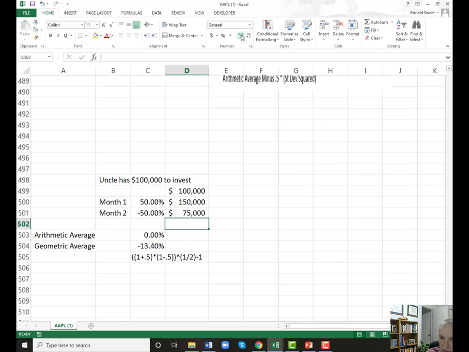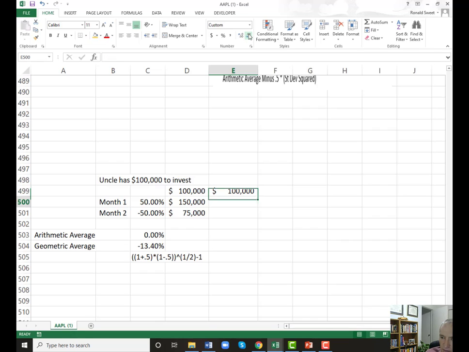Let's actually even try that. So he starts with $100,000. In the first month, let's say he loses 13%, so we take $100,000 times 1 minus 0.134. And then the second month, he starts with $86,000, and he loses again, so times 1 minus 0.134.